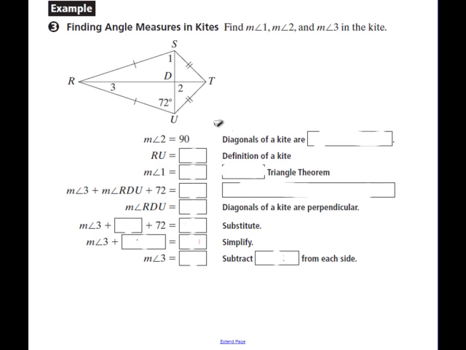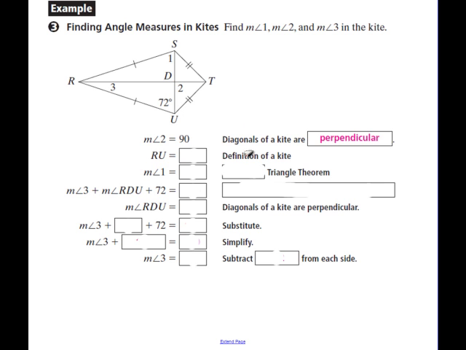So we can get number 2 right away to be 90 degrees, because we know that it's a kite and the diagonals are perpendicular. That means angles RDU, SDR and SDT are all going to be 90 degrees. That can help us a little further down the road as well.